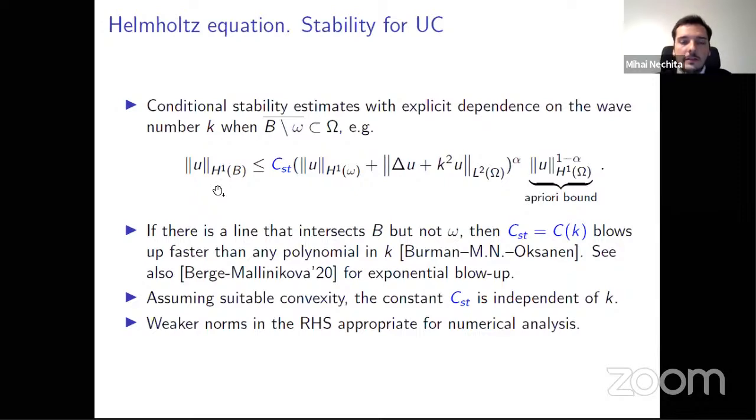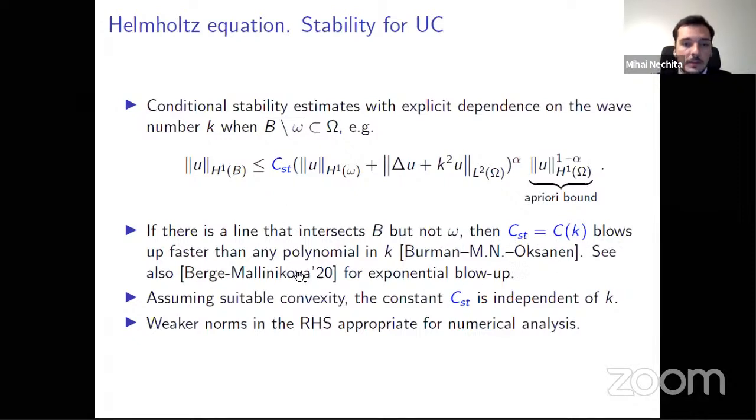And what's important to notice is that in this case, if there are no assumptions on the geometry of the problem, then the stability constant could again blow up exponentially in the wave number. We've shown that it grows faster than any polynomial rate if there are lines that intersect the target region without intersecting the data region.